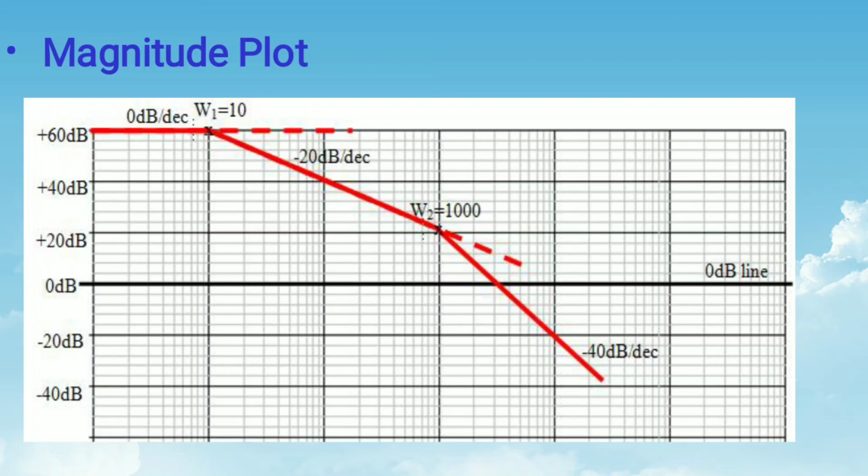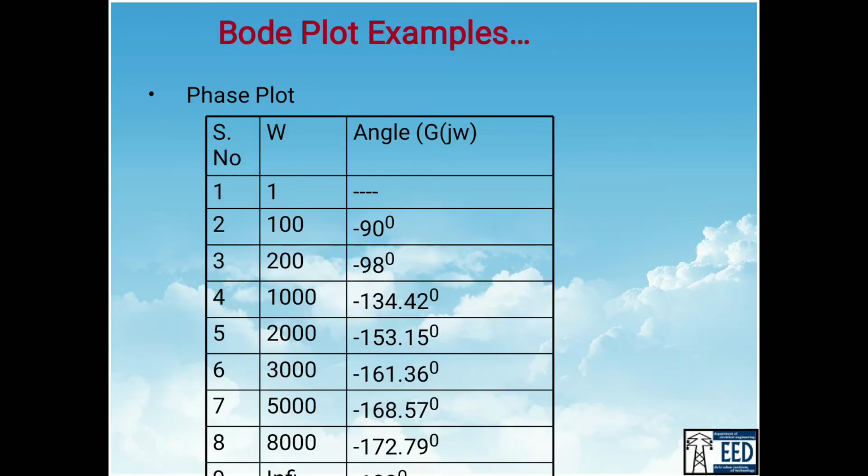At that time the second pole of minus 20 dB is there, but the slope depends upon the current slope and previous slope. The current slope is minus 20 and the previous slope is minus 20, so the resultant slope is minus 40 dB for omega equal to 1000 radians per second. So in this way we have seen the magnitude plot.